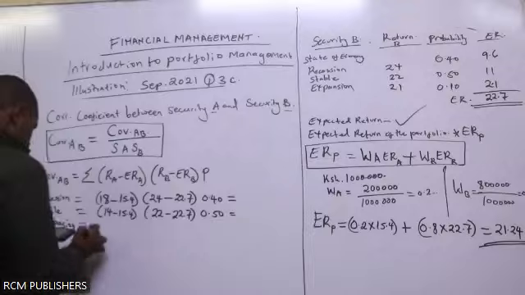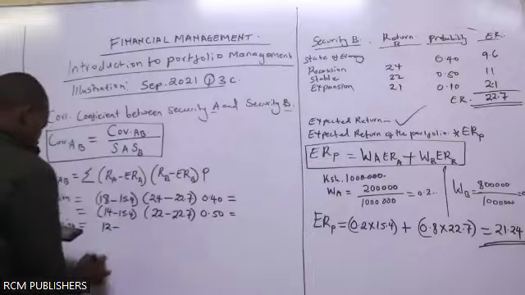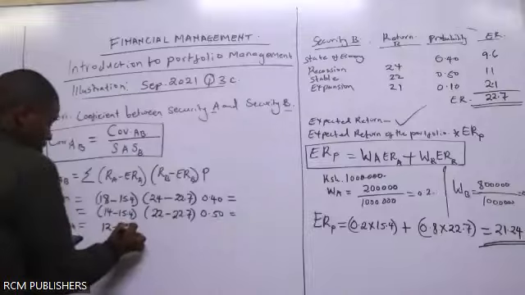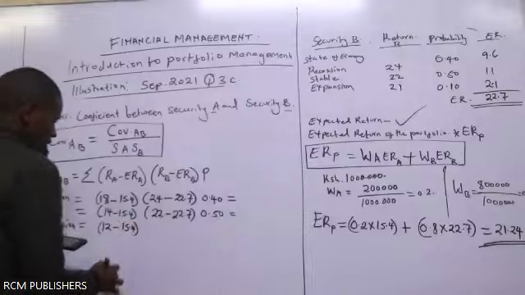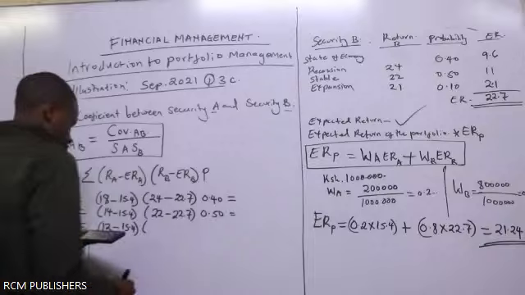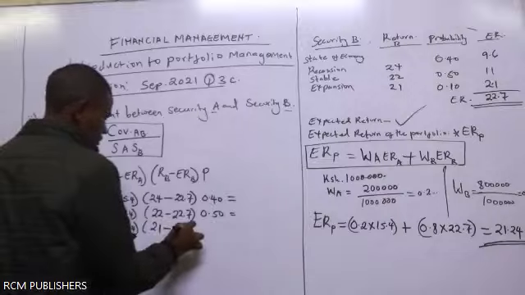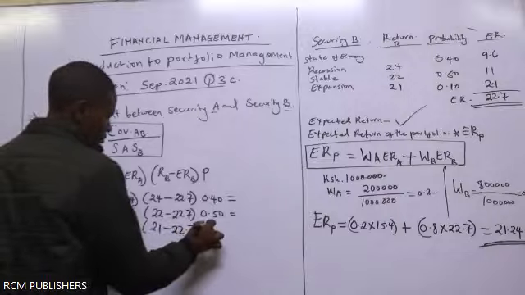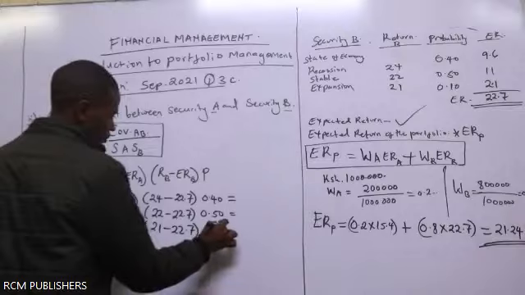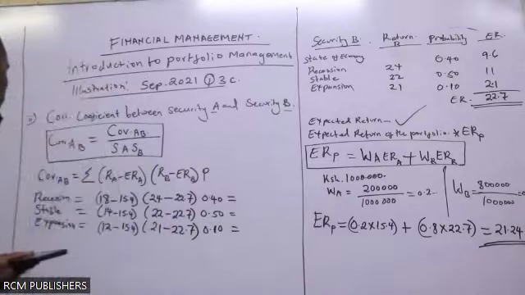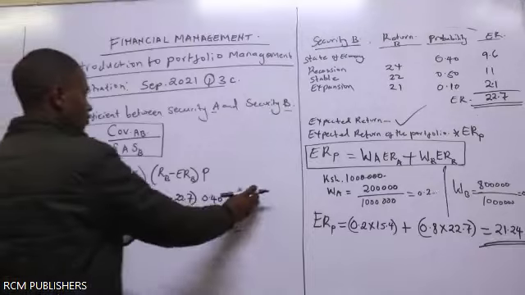Next one, we have 12 minus 15.4, of course that is common. And then 21 minus 22.7, times 0.1.